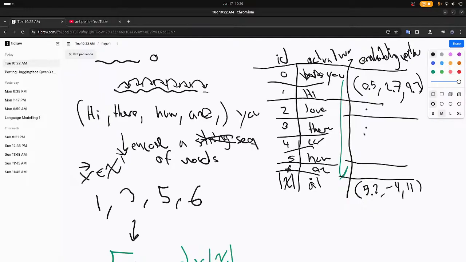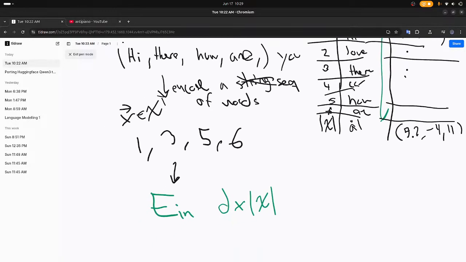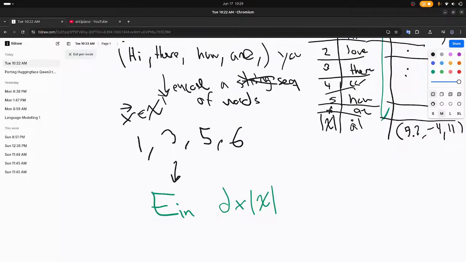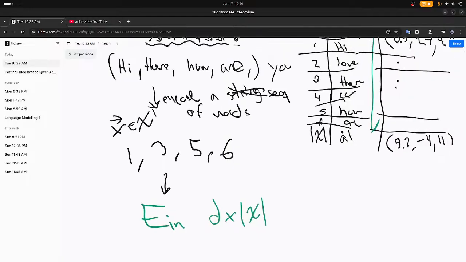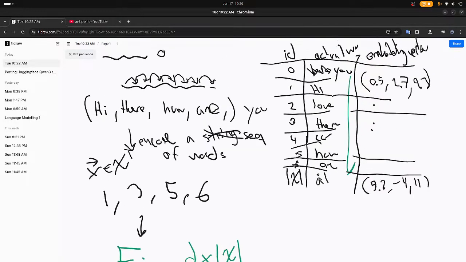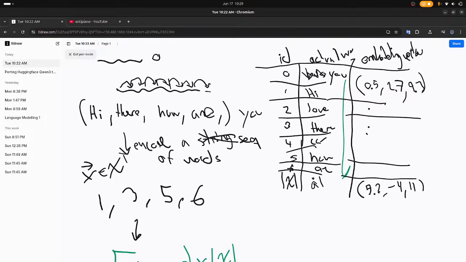Great, and these are the vectors, and it's very easy now because we just look up the vector where 1 had this up here.